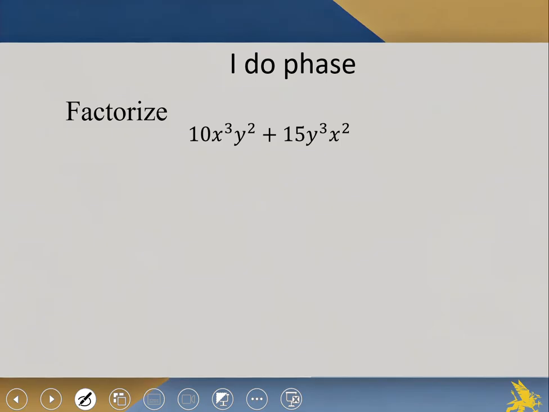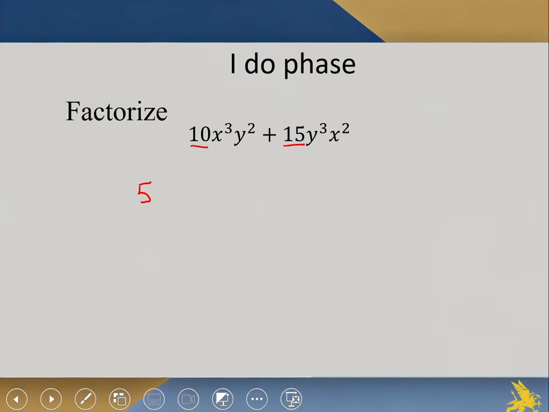So I like to first look at my numbers. In my terms, I've got 10 and 15. What is the highest common factor of 10 and 15? That will be 5. So straight away, I'm just going to write down 5.